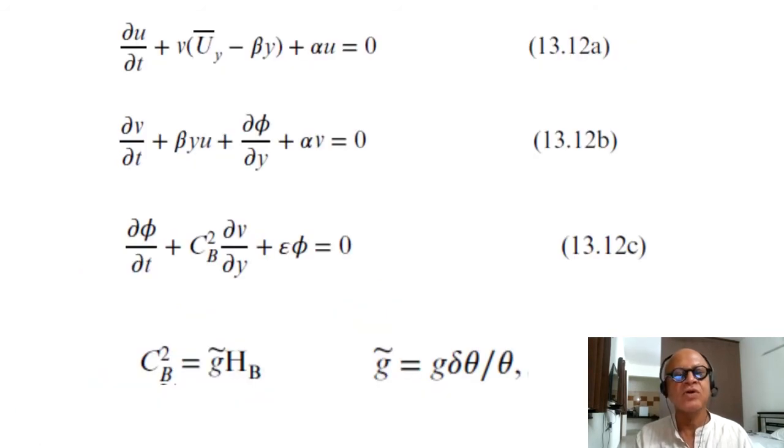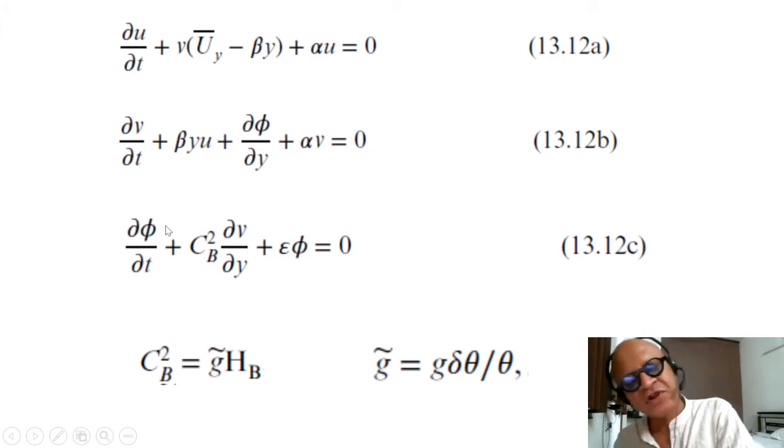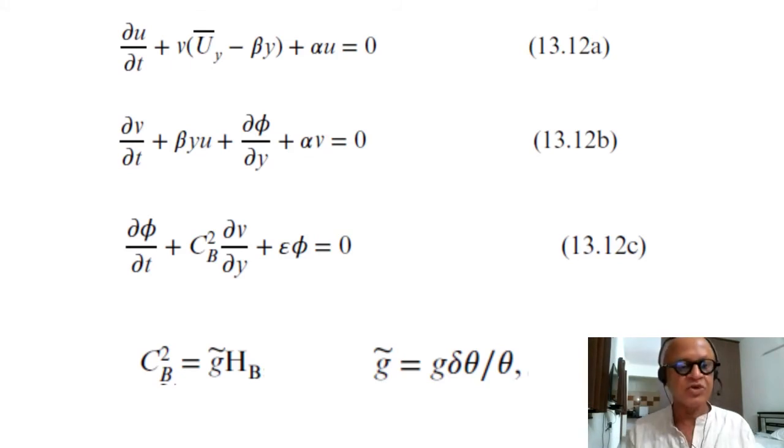We can write our governing equations again about the background state, basic state u bar y, as we did before. So du dt plus nu uy minus beta y plus alpha u, like a friction term, which is approximately similar to the dissipation term used here for this idealized situation. In the meridional direction, we get this equation for perturbation flows, and we have the vertical equation in terms of the geopotential height variation.